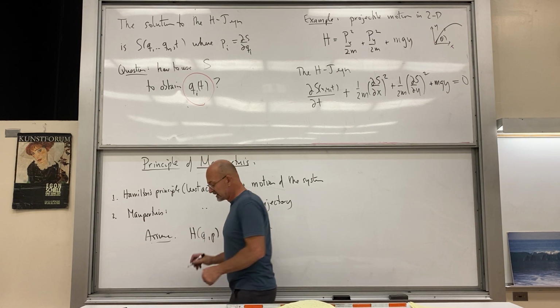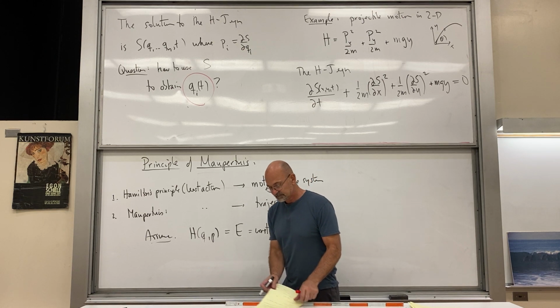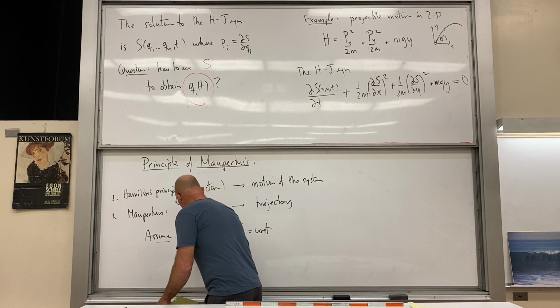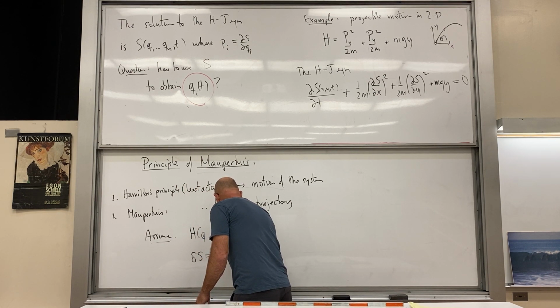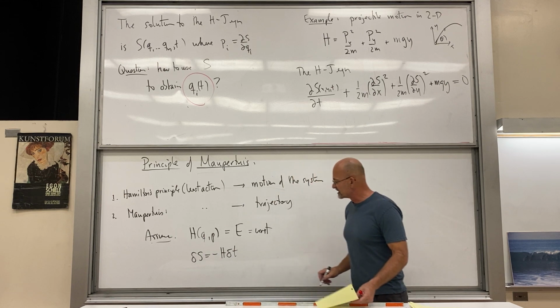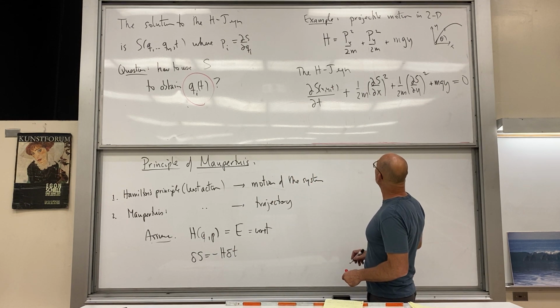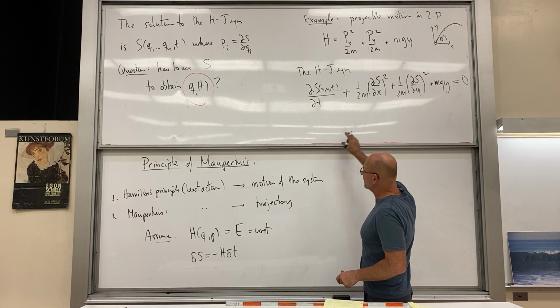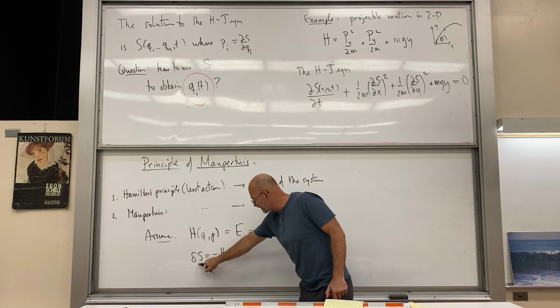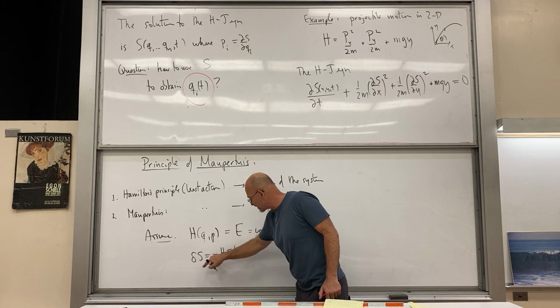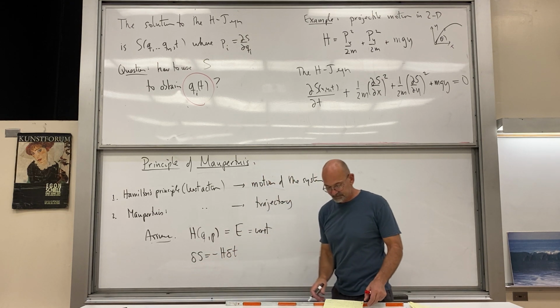We have dS equals minus H dt. Okay, that's just the form of that equation split up. So these deltas are variations, minus H dt.